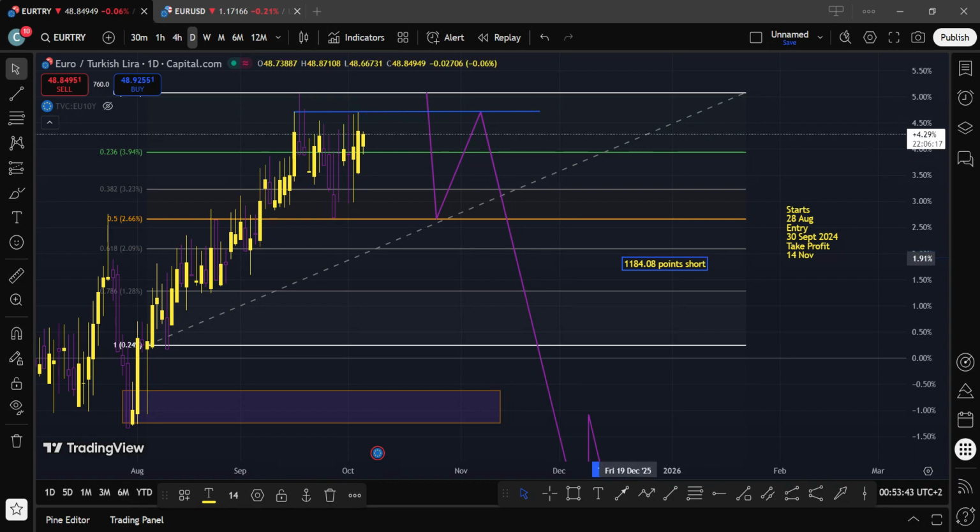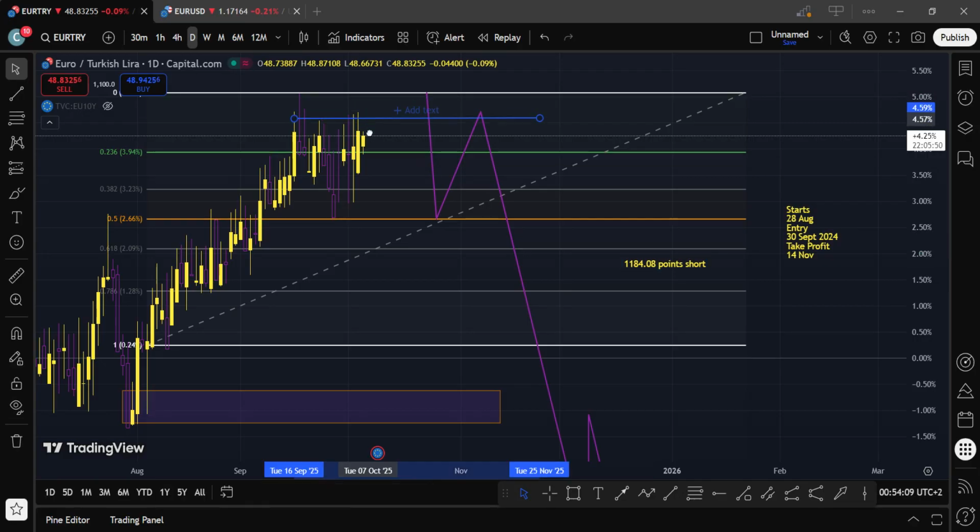Each day you're going to get paid this huge swap, and each candle that we're counting here puts you more and more in the positives. Even if the market goes into your entry level, even if it gets into your negatives, you will not see negatives, you will still see positives. That's why I'm saying the entry level moves lower and lower for each day that you hold the trade.